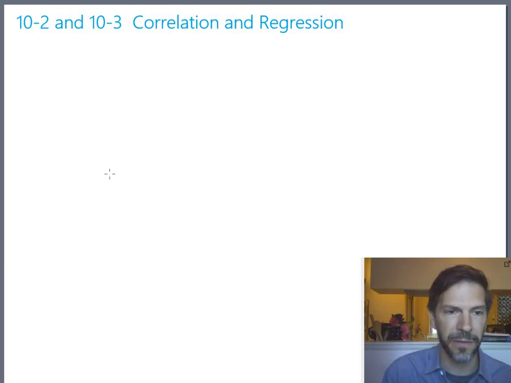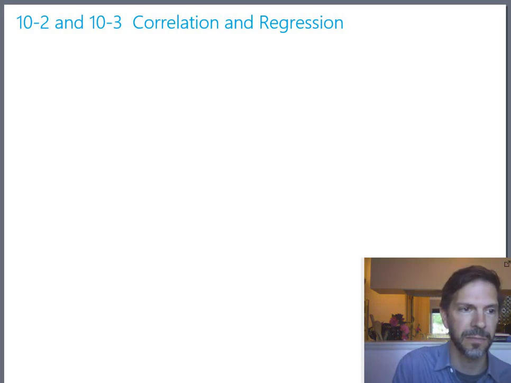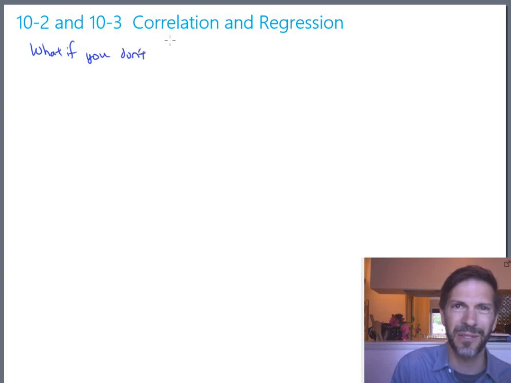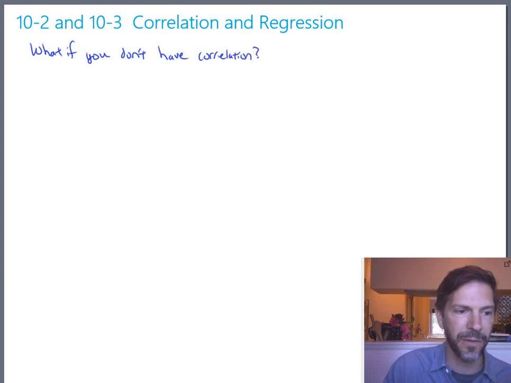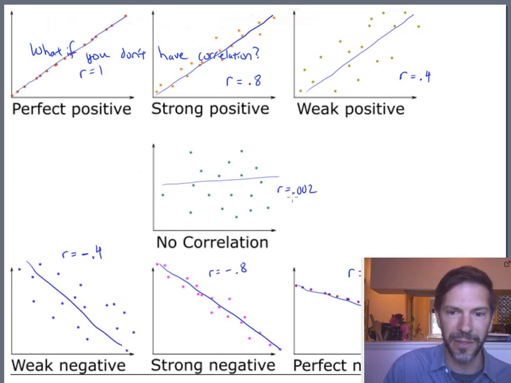So what if you don't have correlation? If you don't have correlation, you shouldn't be using that equation of that line. If we don't have correlation, we've decided that we're looking at something like this right here, and that line is not going to be a good predictor. So don't use the line.